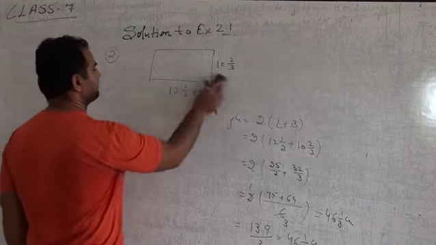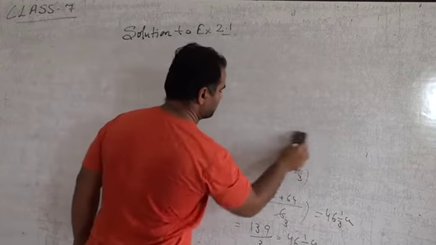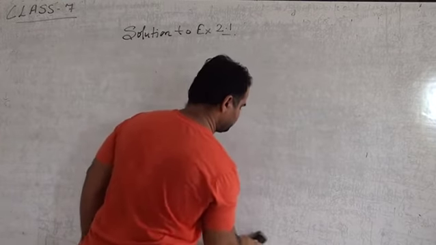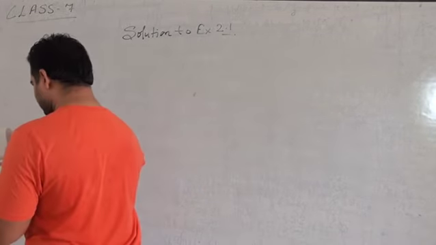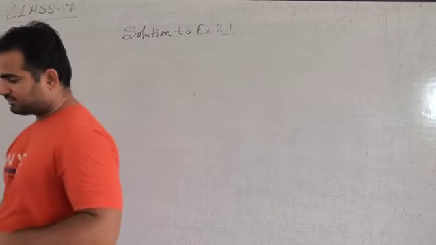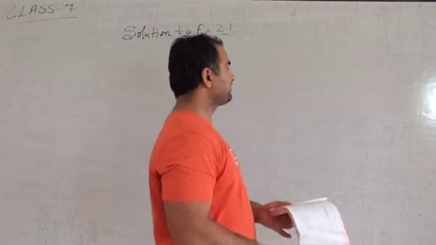Next is question number 5. Question number 5 is: find the perimeter of triangle ABE.